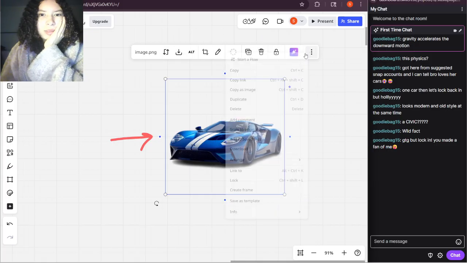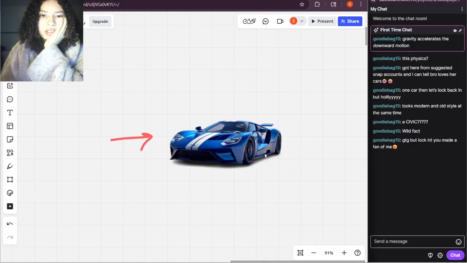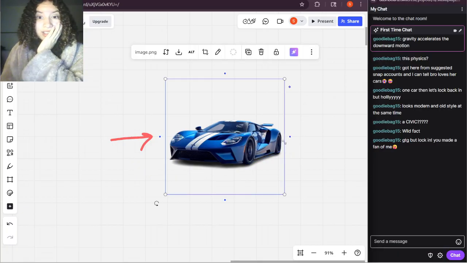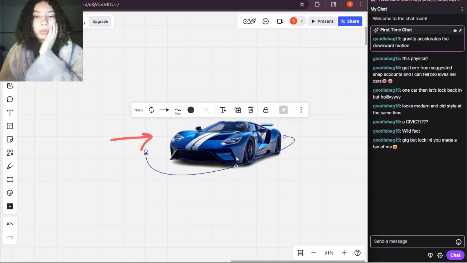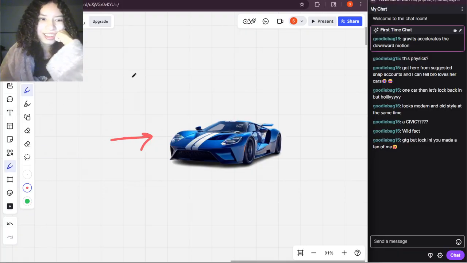Can I not just mirror it? What? Oh, I didn't know we could do that. Oh, okay, whatever. I'm gonna pretend it's facing the other direction.